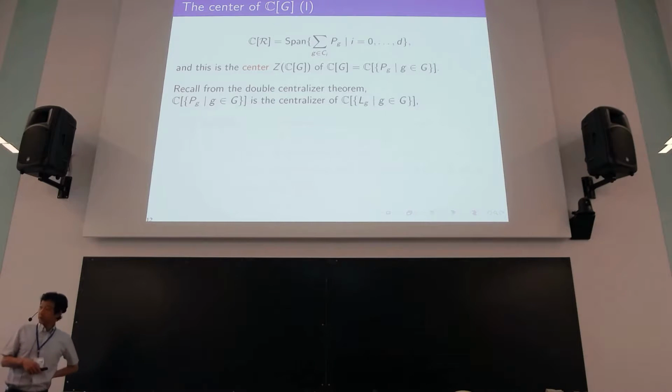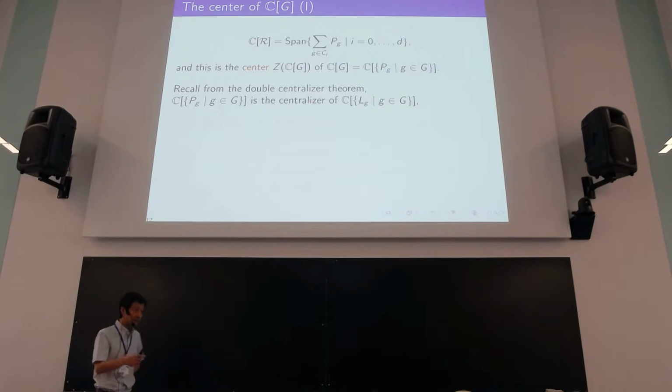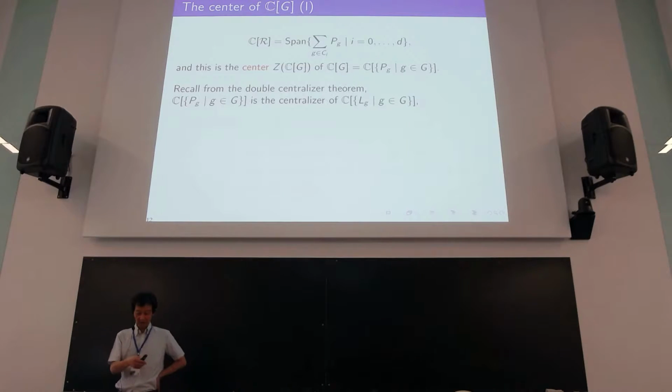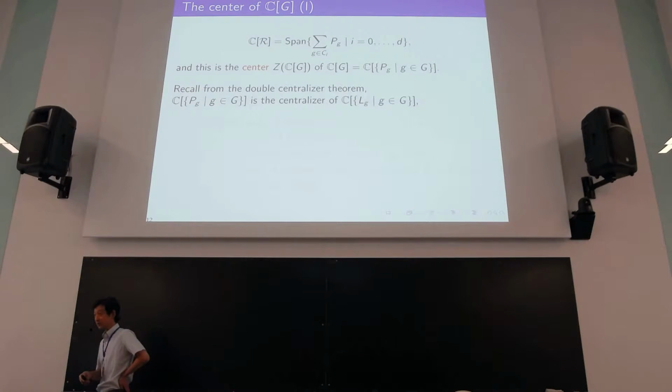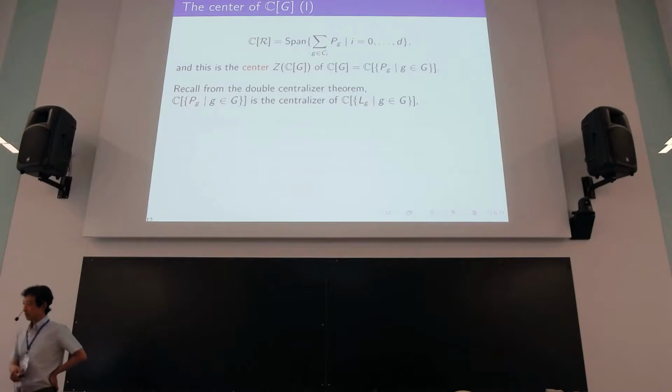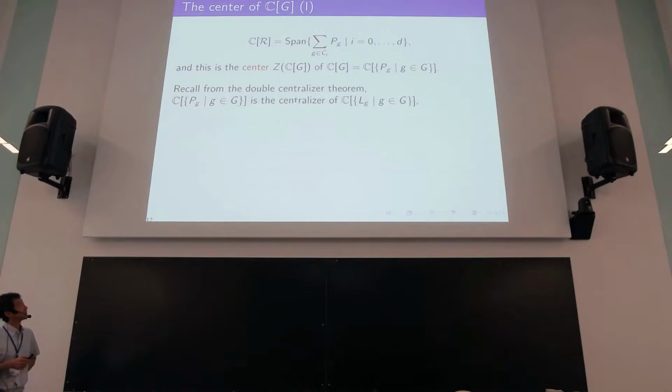And also we know the left regular representation is the centralizer of the right regular representation we started with. So by the double centralizer theorem, you can reverse that relation to get that the original right regular representation is the centralizer of its centralizer, which is the left regular representation.